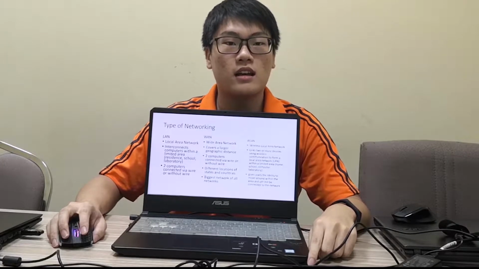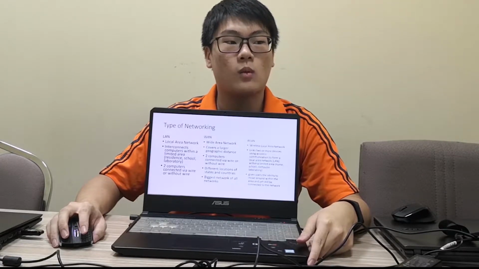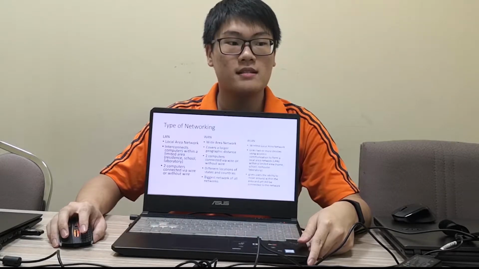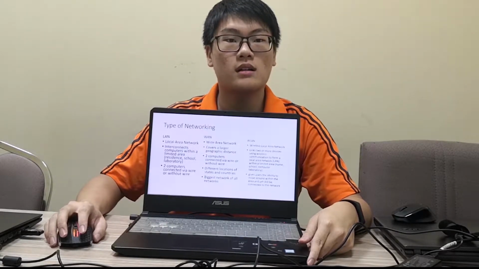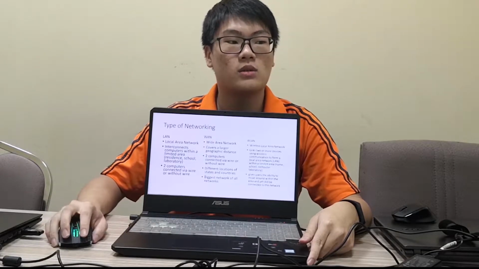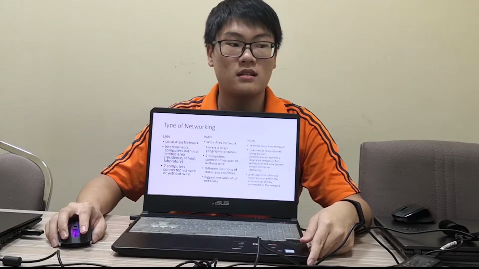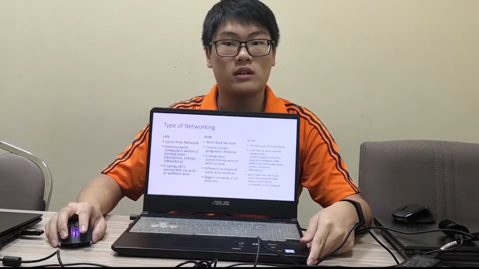There are three types of networking: first is LAN, then WAN, and wireless LAN. LAN stands for local area network. A LAN interconnects computers within a limited area. It can be used in a residence, school or laboratory.